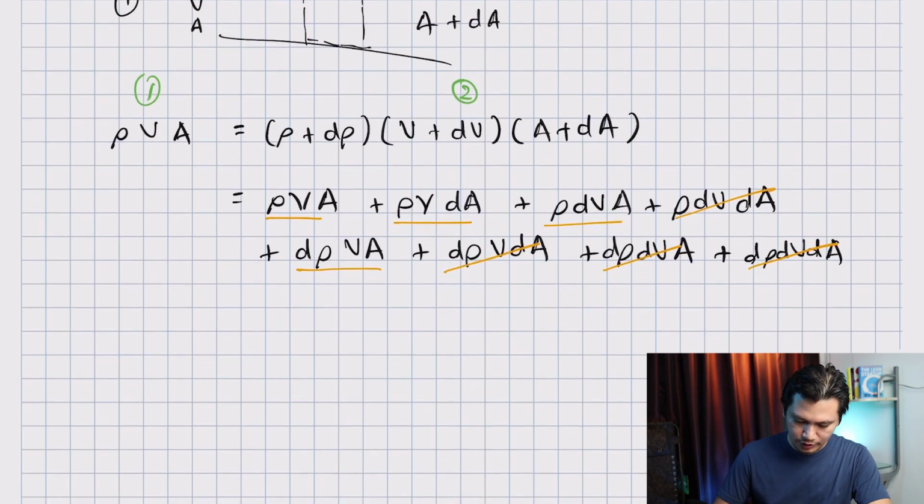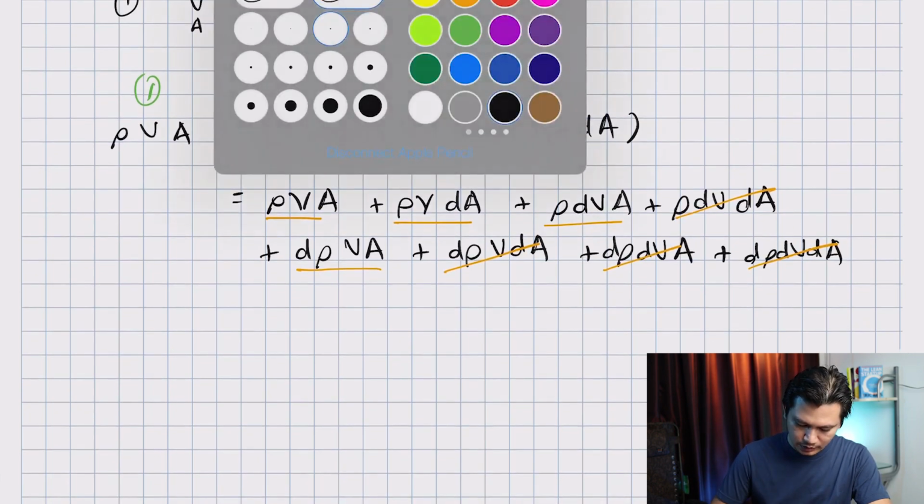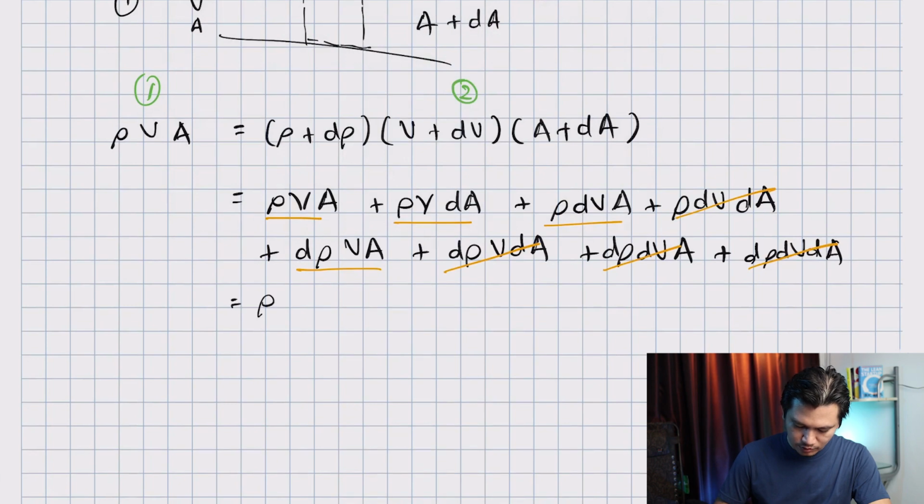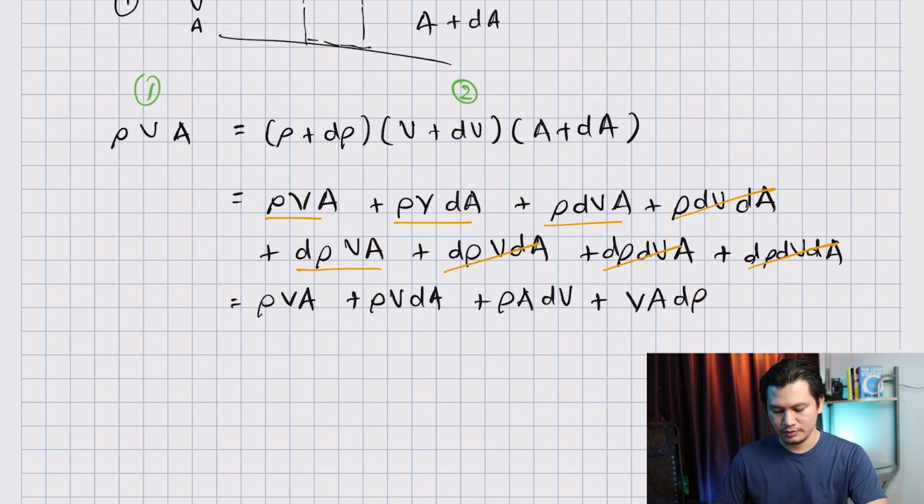So you will end up with rho times velocity times area plus rho v dA plus rho A dV plus VA d rho.